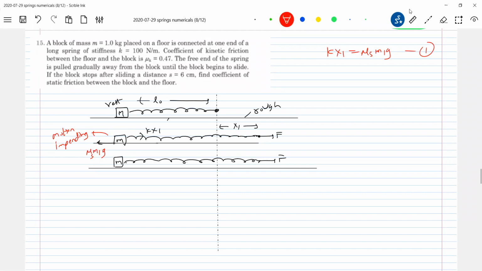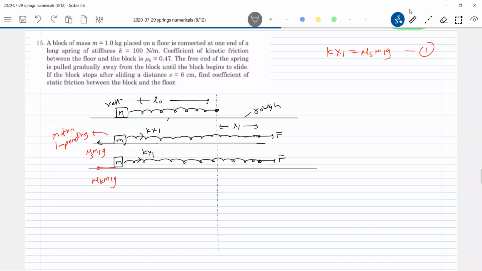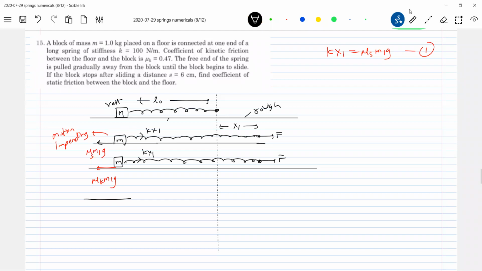Friction will be mu k m1 g, and still the spring force is kx1. I think you must have some basic idea here by this time. The moment motion is impending, the very next moment the force is able to shift the block, and as it starts moving, kinetic friction will act. Now tell me what is the state of the block? It starts accelerating, so the block will start shifting here.